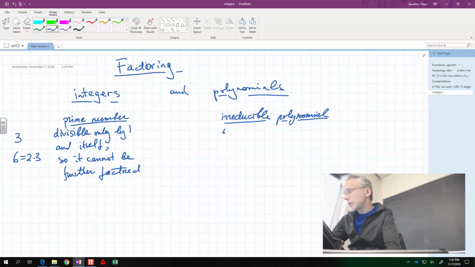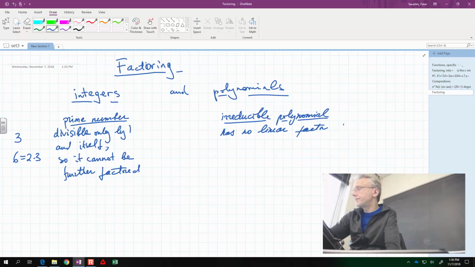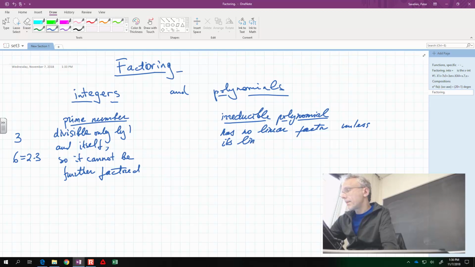So it has no linear factors unless it is linear itself. So the standard example is once again x squared plus 1.